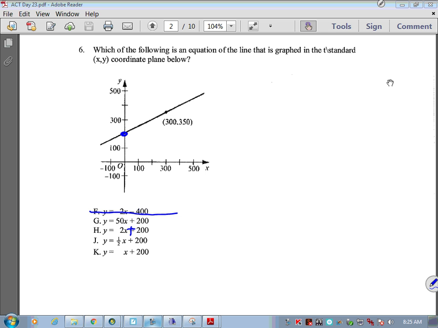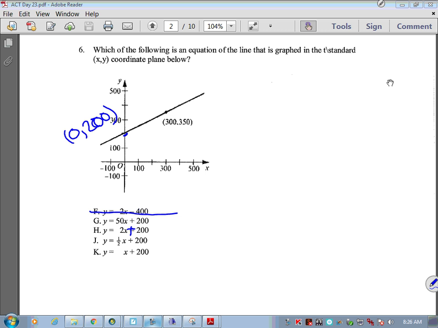All right, from there, I need my slope. We're looking for the slope from the 0, 200 to 300, 350. Slope is rise over run, so that's going to be my y's over my x's.